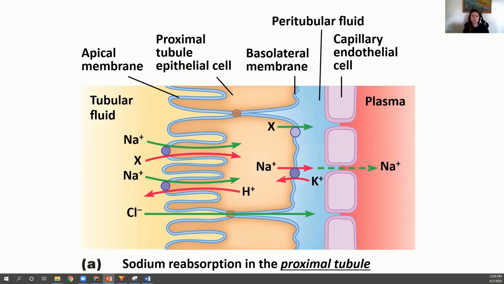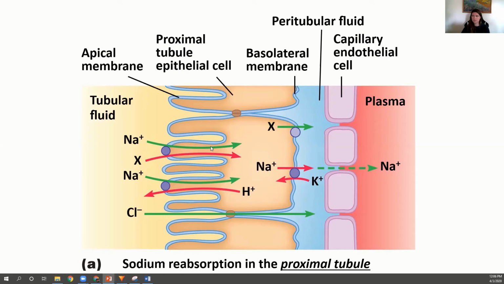So we have a low sodium concentration inside our epithelial cell because of the action of this transporter. Okay. So when we have this low sodium concentration inside the cell, that means we can use it to move stuff through. And we looked in detail at glucose movement. So in this picture, we can see that we have molecule X being co-transported with sodium into the cell.